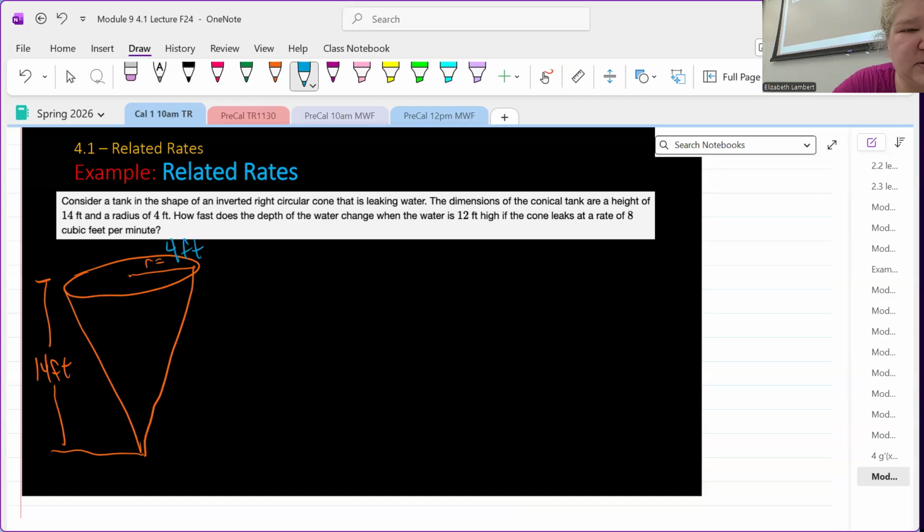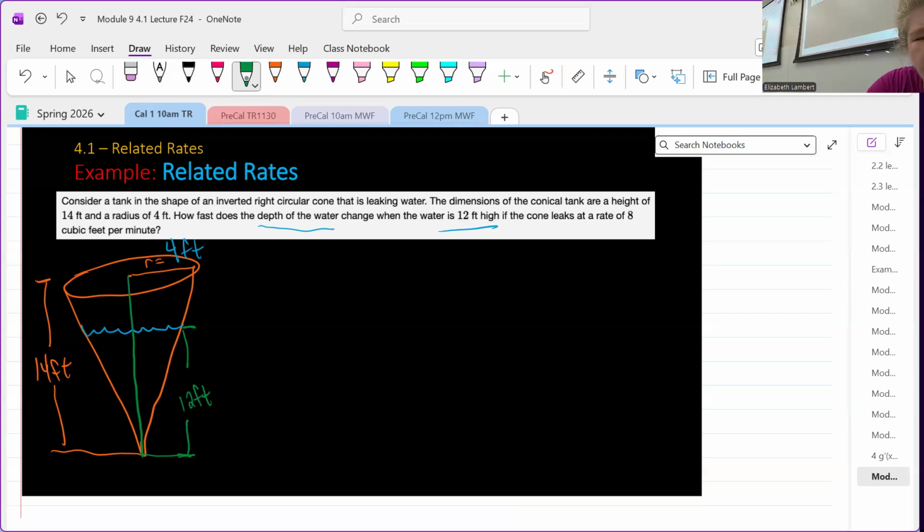All right. So we've got depth of the water when the water is 12 feet high. Okay, so let's put our water height in there. So our freeze frame is when the water height is at 12 feet. It wants to know how fast the depth of the water is changing.